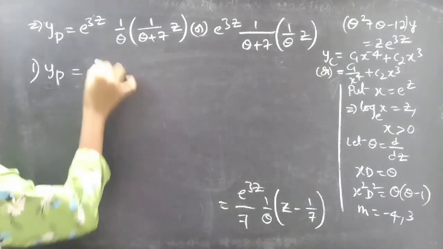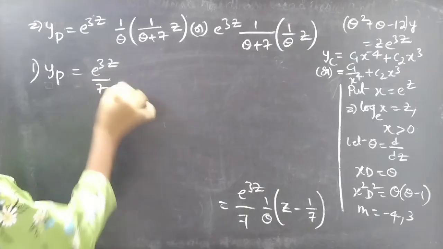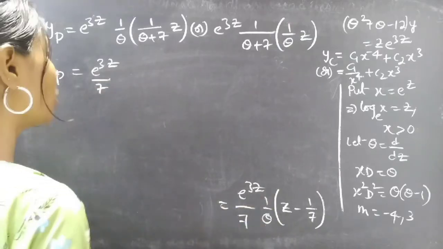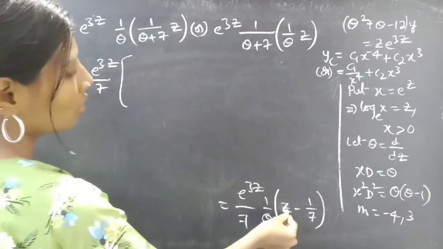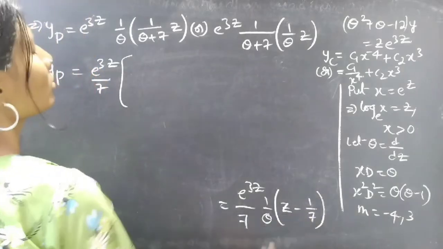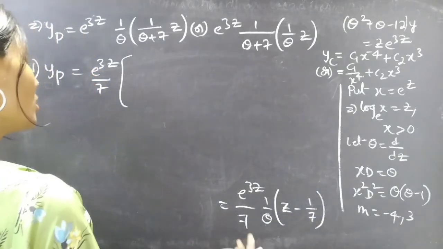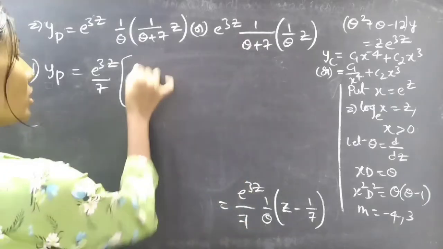This becomes e power 3z by 7 into, we know that 1 by theta is an integral operator, then find integral of z minus 1 by 7 dz, right?